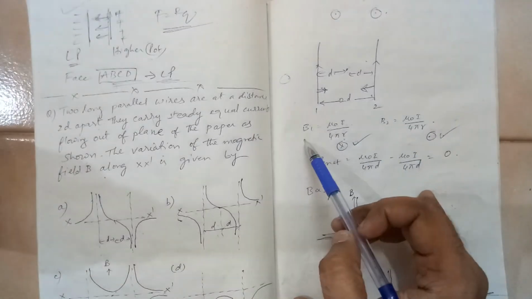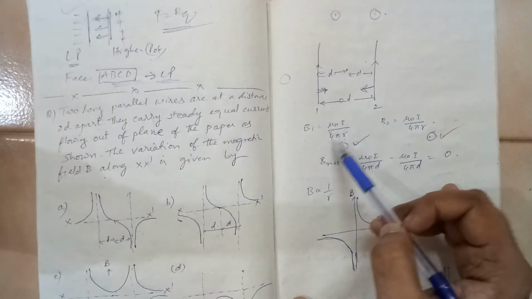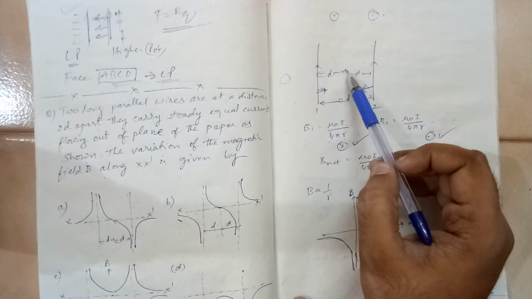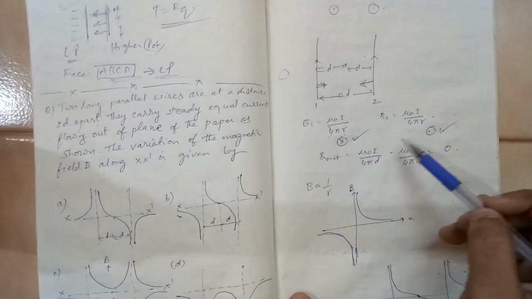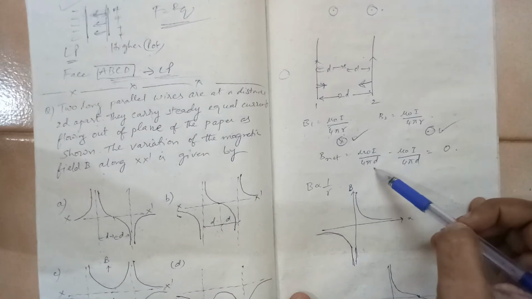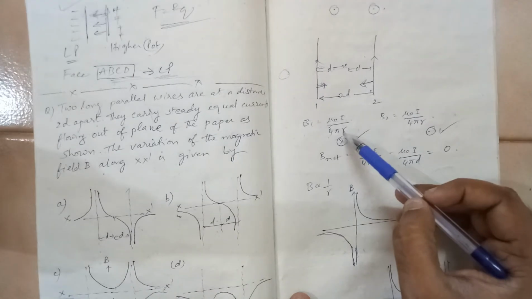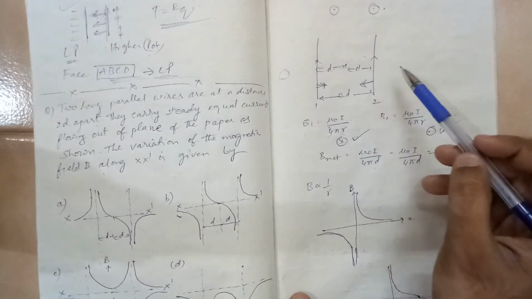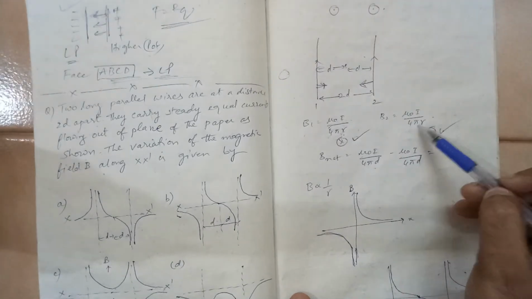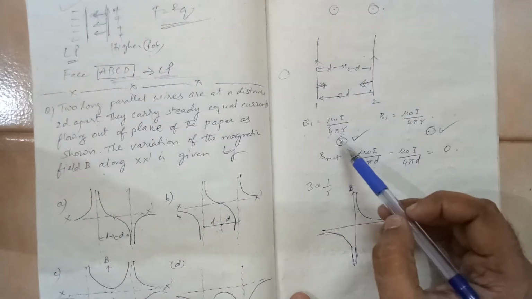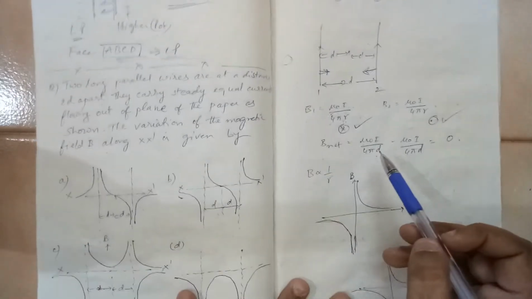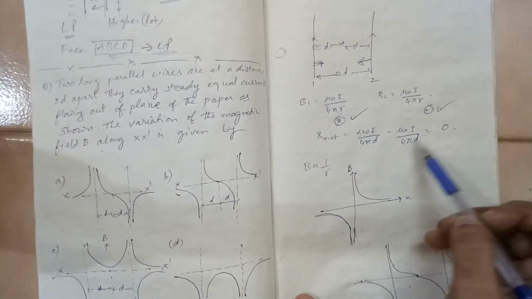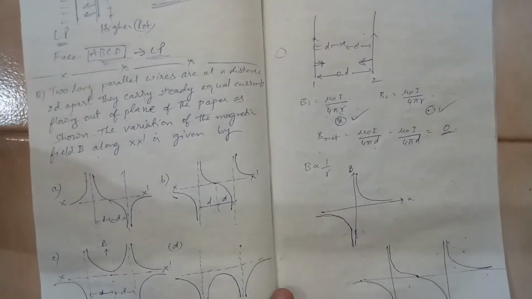So B1 will be equal to mu naught I by 4 pi r. I am finding at this location which is at a distance d, so it will become mu naught I by 4 pi d. Here it will be the same magnitude, but one is cross direction, another one is dot direction. So the net magnetic field will be equal to 0.